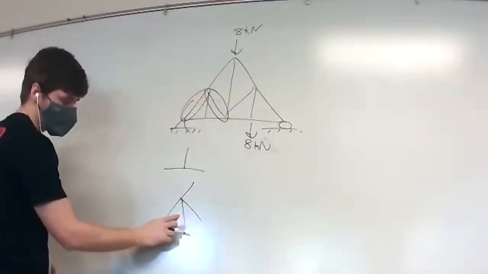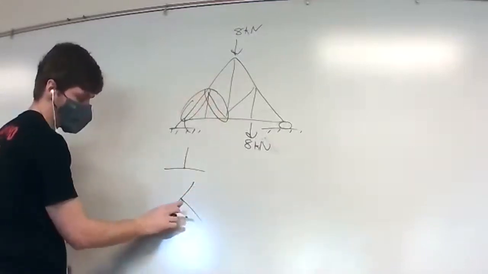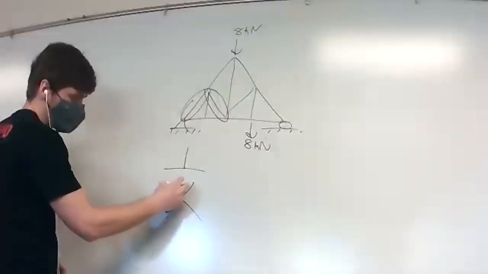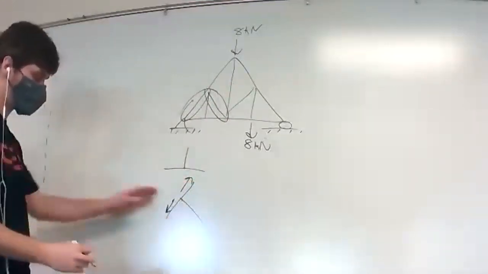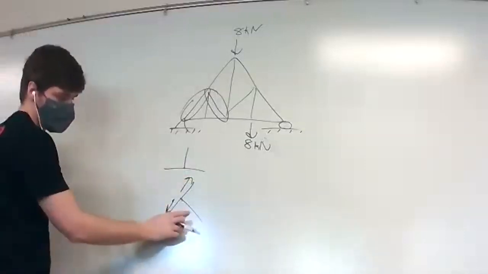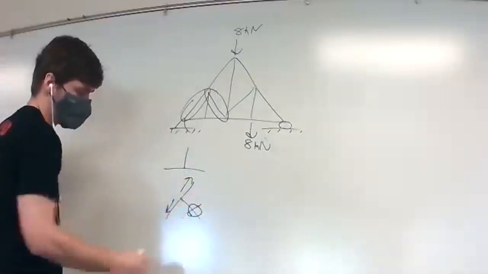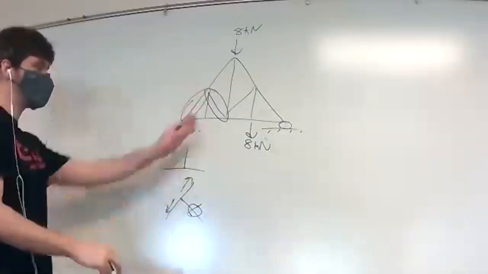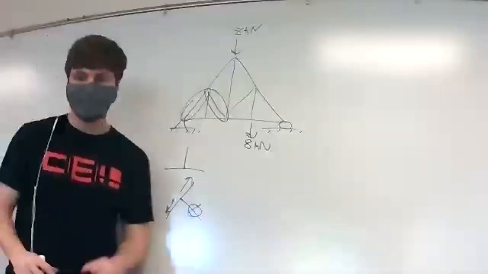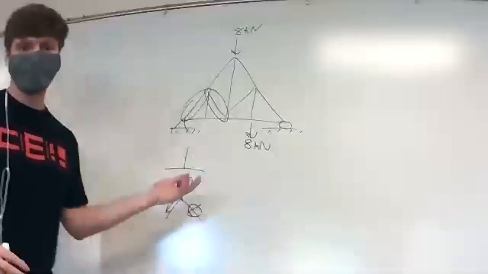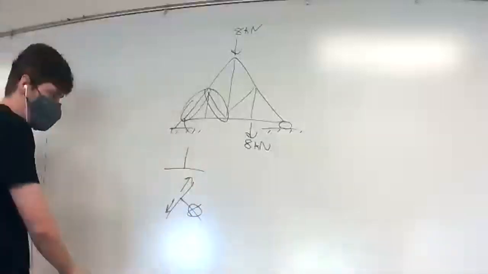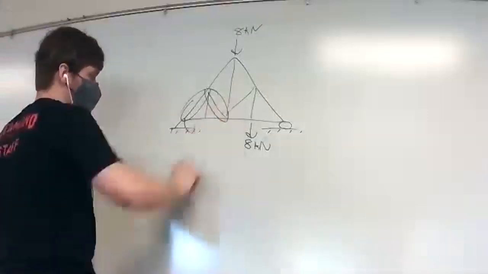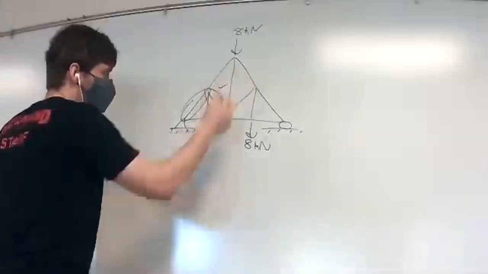If this is zero force member, we can get rid of this. And we can see that these must be opposite and equal, so this must also be a zero force member at this joint. So we could go ahead and say that the second member they wanted us to solve for was 0. So we could go ahead and mark that one as completed.